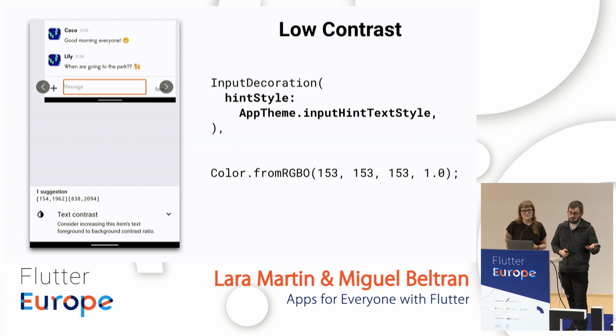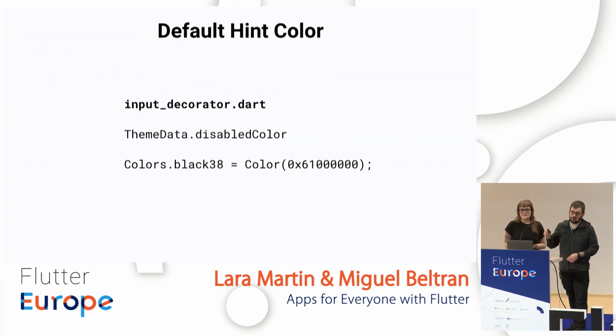One thing we can do first is to compare the value that we're using here to the value that the Flutter framework provides, to see if maybe we're doing something wrong by using the custom one. To check which is the default hint color from Flutter, we looked at the InputDecorator widget class. Here we saw that it uses the disabled color defined in the theme data, which by default is Colors.black38. Okay, so we have these two colors here.